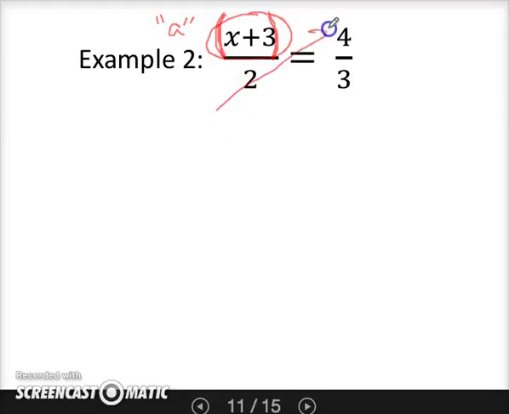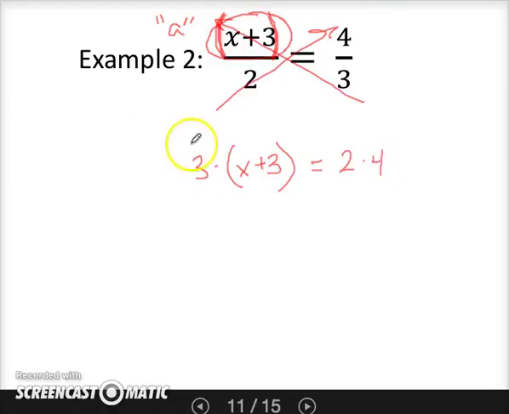And then we can go ahead and use our cross-multiplying trick. So on this side of the equal sign, I have 3 times x plus 3. I'm keeping my parentheses there because x plus 3, the whole thing, was my a. On the other side of the equals, I have 2 times 4.